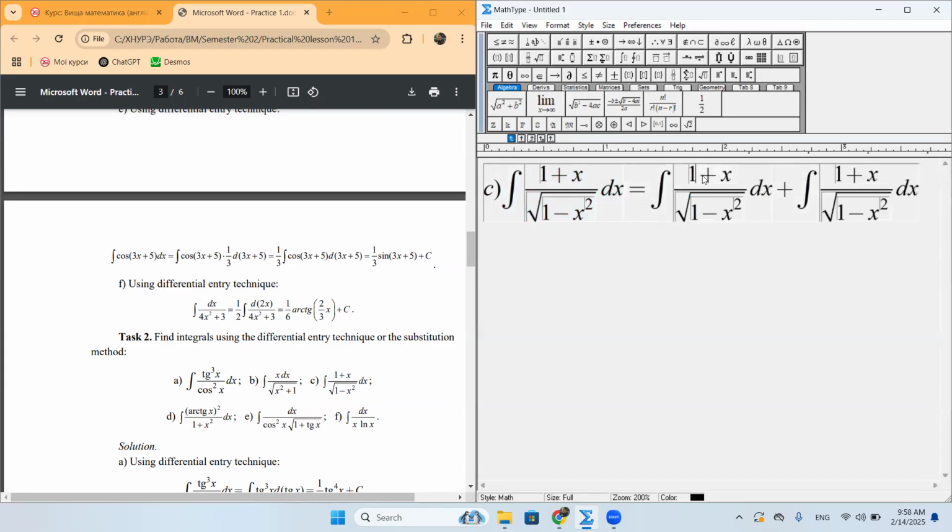So the integral of the sum can be converted to the sum of integrals. The first integral is the table integral. It is the integral of arcsine.